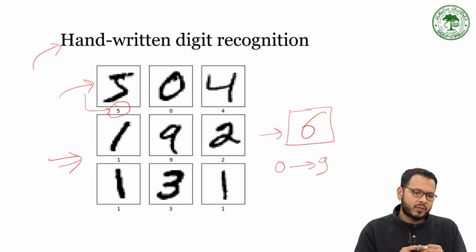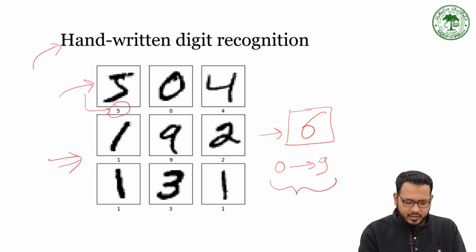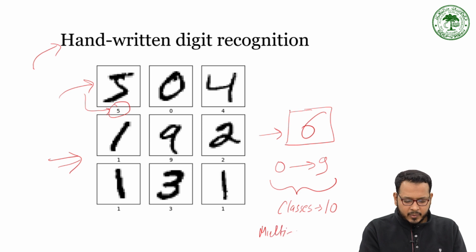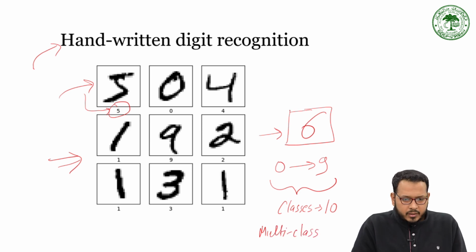Lots of images of 1, lots of images of 2, and similarly till 9. As you can guess, the total number of classes here are 10 starting from 0 to 9. So this problem actually is a multi-class image classification problem.